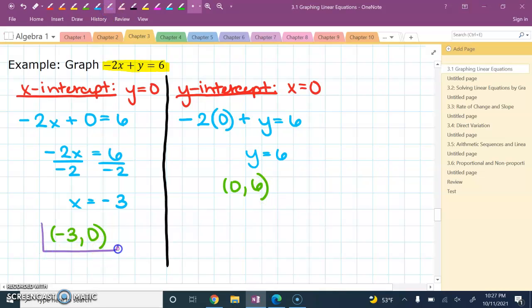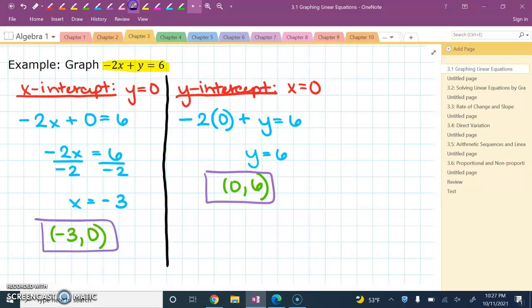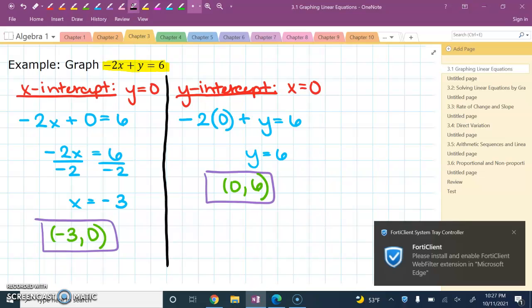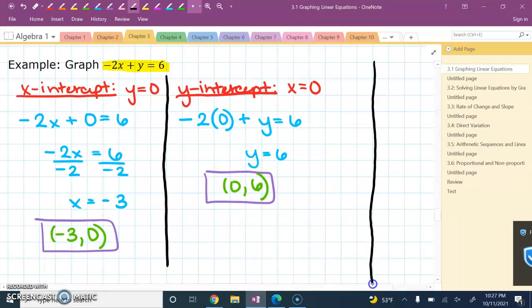So these 2 points are what we can use to help us graph this new line using that x and y intercept. So if I go and look at the graph now, I can put one point at negative 3, 0, so that's on the x-axis, which means I would just go to the left 3 and draw a point.